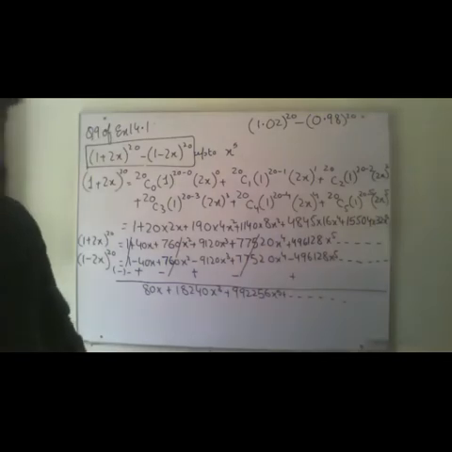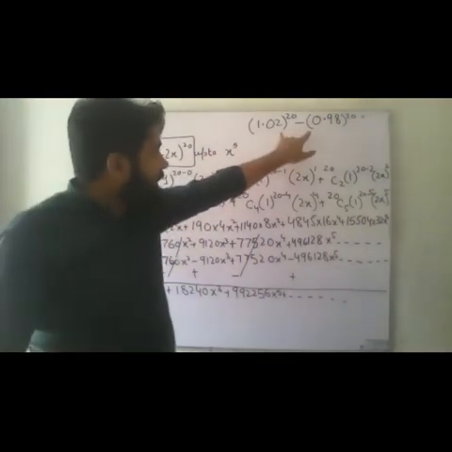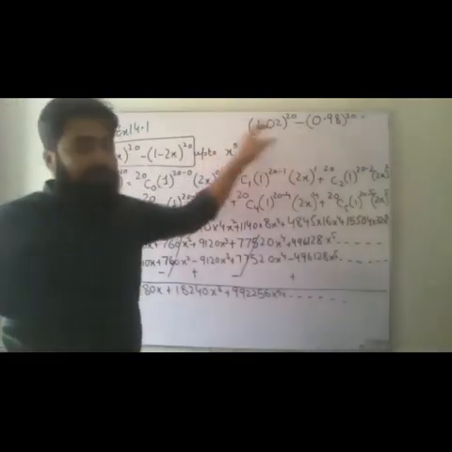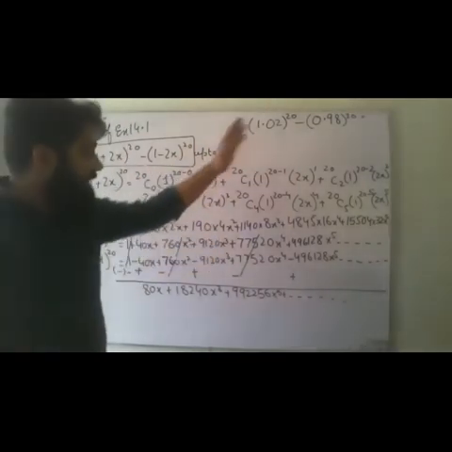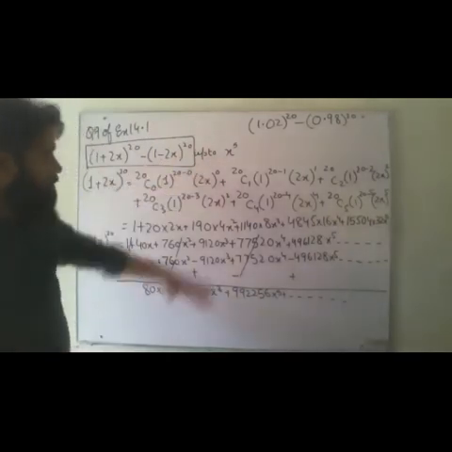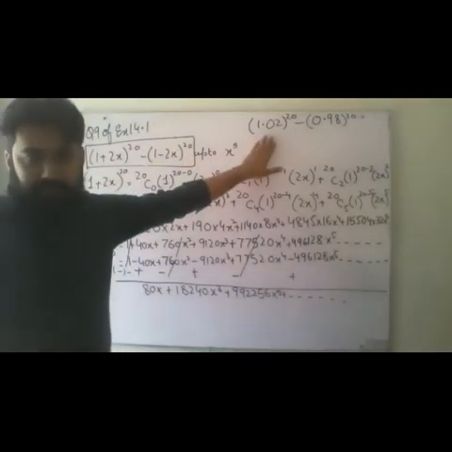Okay. Now, as you can see, it is same like this thing, and this thing is written under this question as a part. It means I can use this one to get this answer directly.